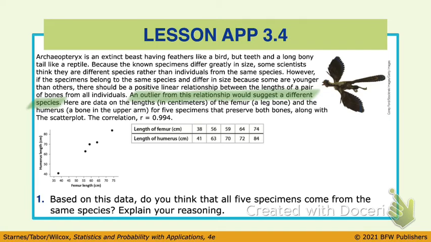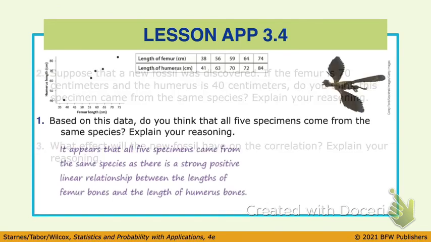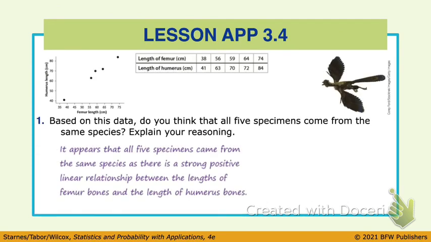So basically, since there's no outlier, it appears that we're okay. So it appears that all 5 specimens come from the same species, as there is a strong positive linear relationship between the lengths of femur bones and the length of humerus bones. So there's not really an outlier. So it looks like we've got a pretty strong association here.